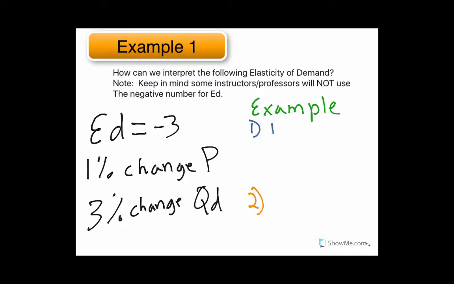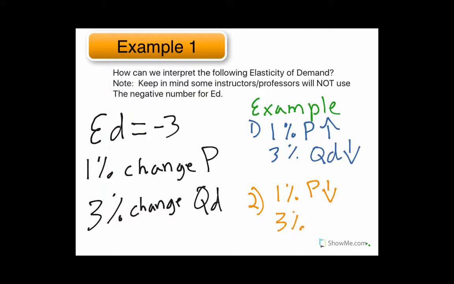Let's say there is a 1% increase in price. There will be a 3% decrease of quantity demanded. And then what if there is a 1% decrease in price? There will be a 3% increase of quantity demanded.